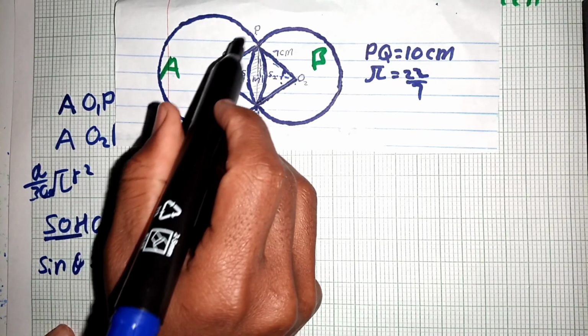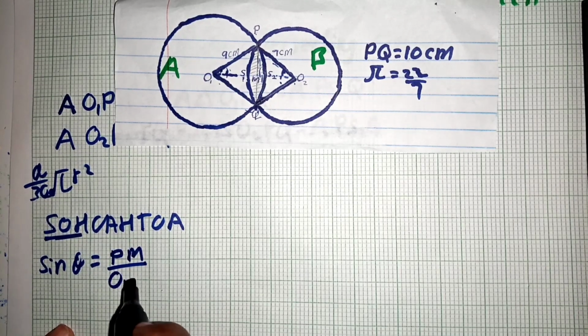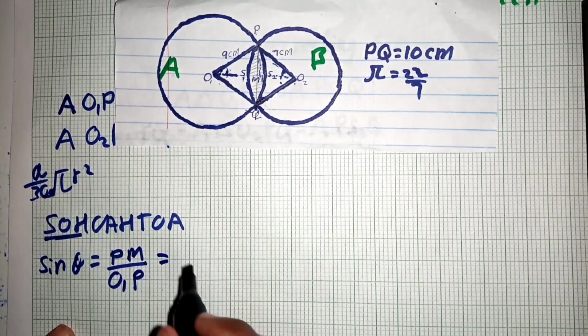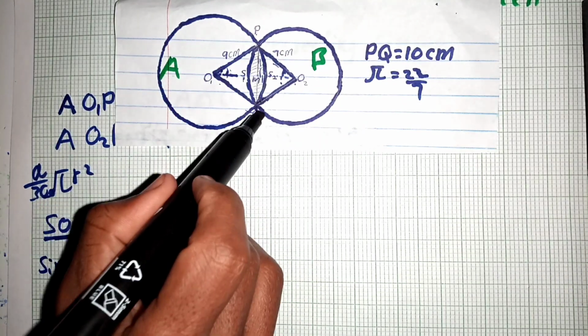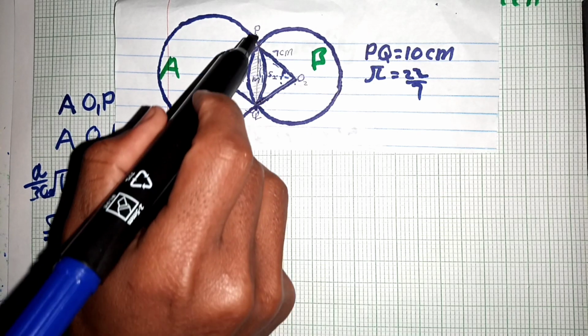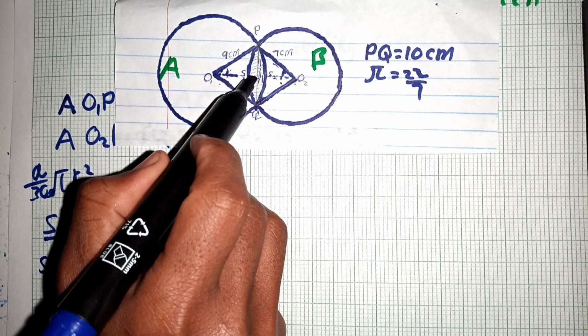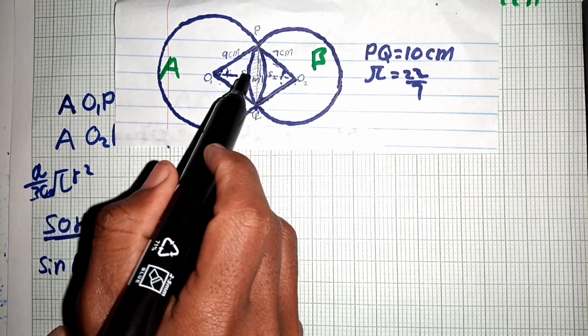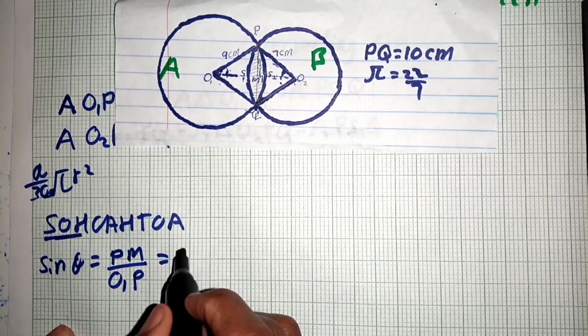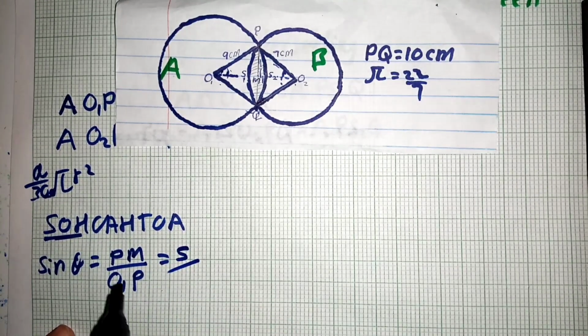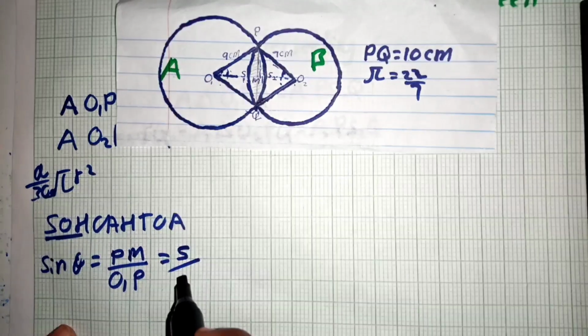O1P. From here to here is 10, so midway is half of 10, which is 5. So this is 5 over 9.